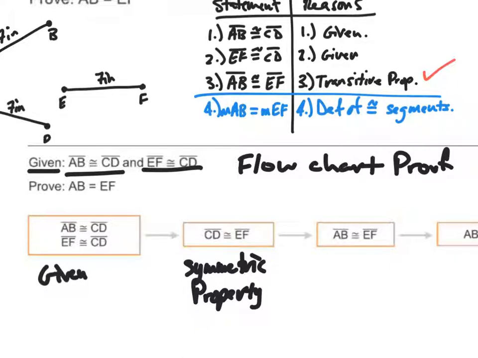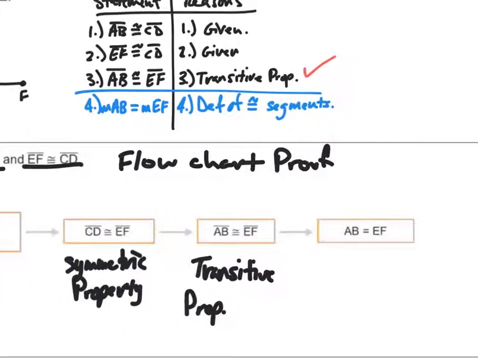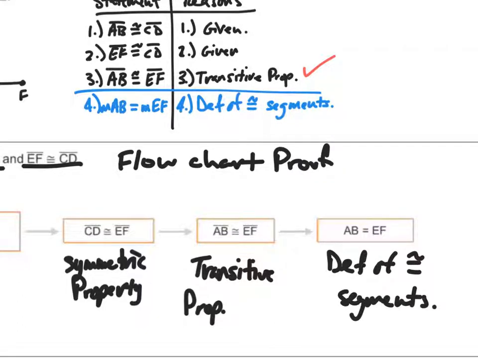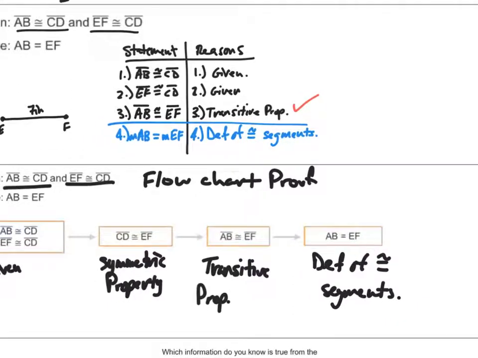Okay, so to go from AB is congruent to CD and CD is congruent to EF, you would say that AB is congruent to EF, which is essentially what we're trying to prove. That's the transitive property. Then you say that their segments are equal, and that's the definition of congruent segments. So we did the same proof two different ways.